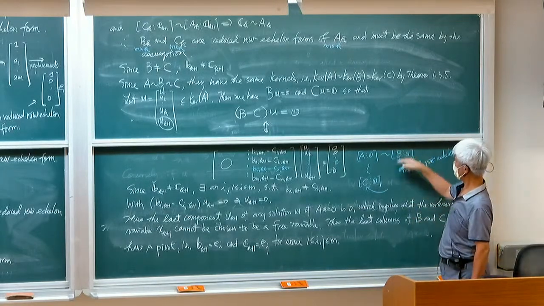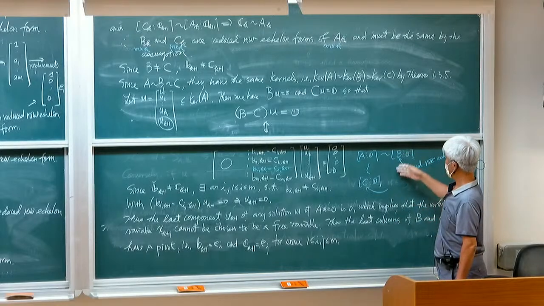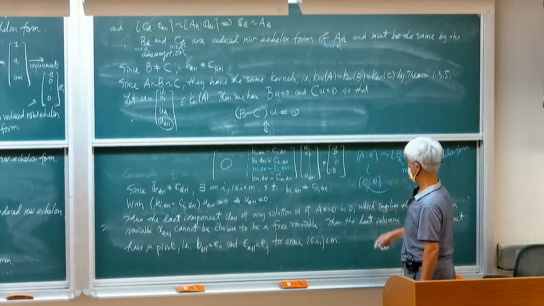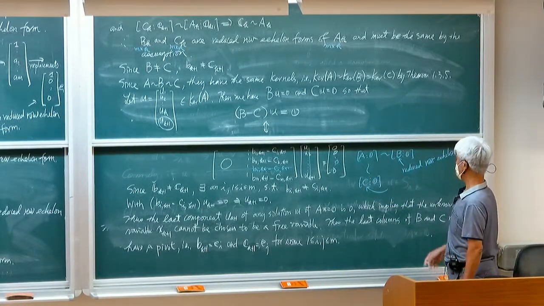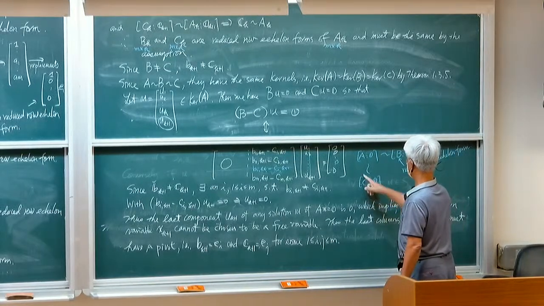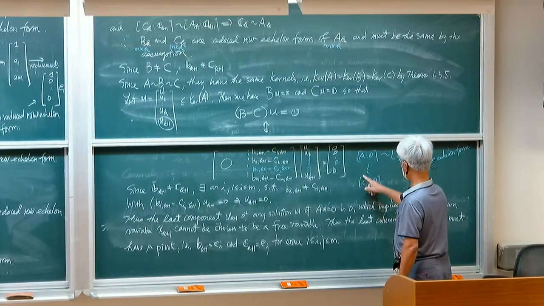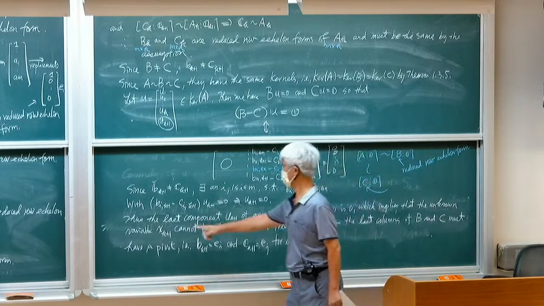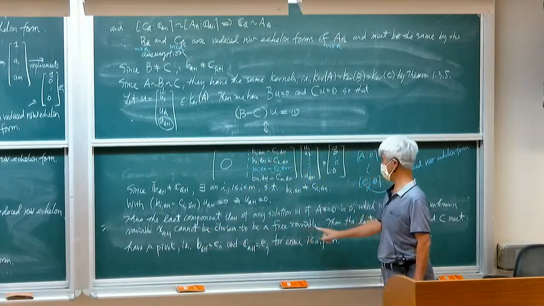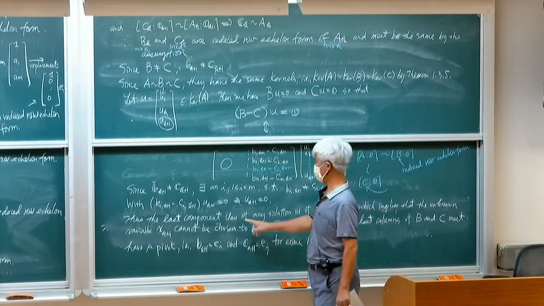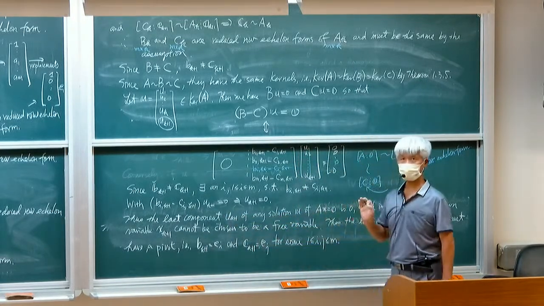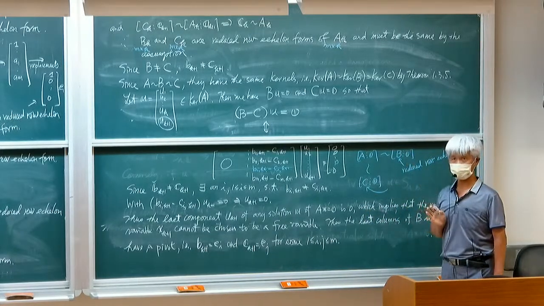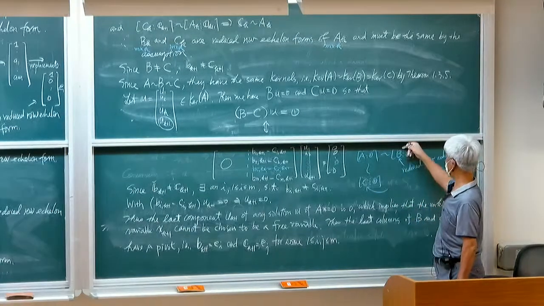And as we know, the last variable cannot be chosen to be free because it must be 0. So it cannot be chosen to be free. If it cannot be chosen to be free, that means they must have a pivot.